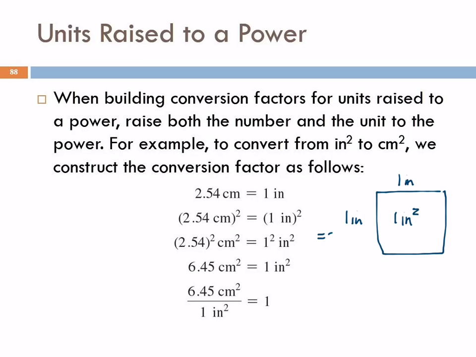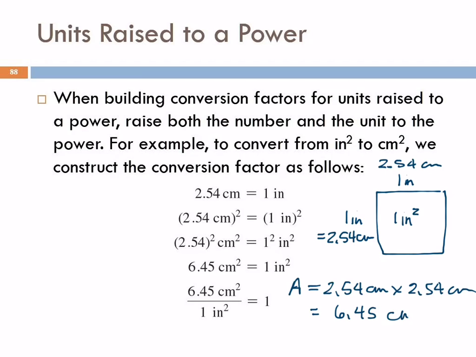Well, this is equal to 2.54 centimeters. And this side is also 2.54 centimeters. So the area is equal to 2.54 centimeters times 2.54 centimeters, which will be 6.45 square centimeters.